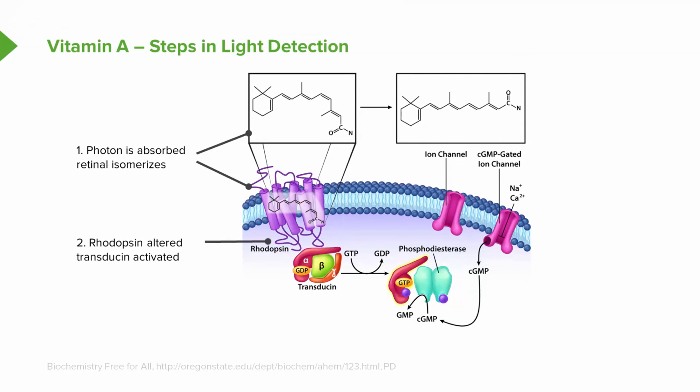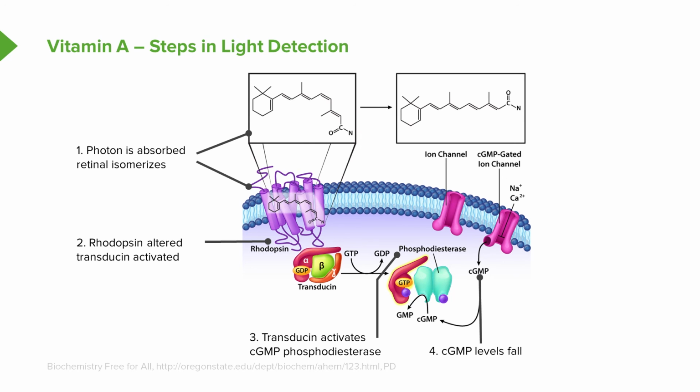That causes the rhodopsin or photopsin to change its structure, and on the inside of the cell, that activates this G protein known as transducin. Transducin then actually grabs a GTP, and the GTP causes it to become active. As transducin is activated in this way, it goes to this phosphodiesterase to cause the phosphodiesterase to begin to break down cyclic GMP and produce GMP.